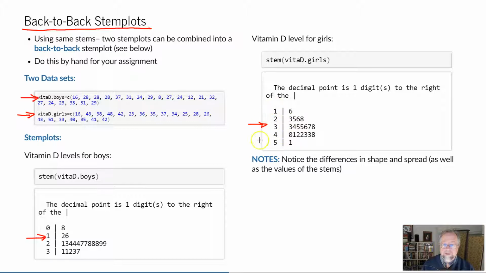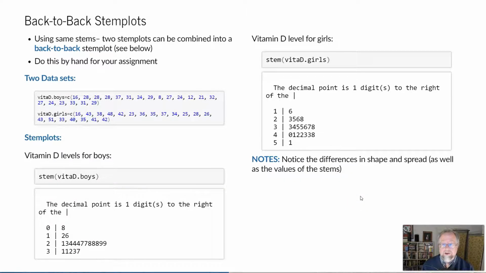The stems on the girls are higher, ranging from 1 to 5. The stems on the boys range from 0 to 3. There's a lot more concentration in the boys' vitamin D levels around the 20s, and the girls are more spread out evenly between the 30s and the 40s. So you can already see differences in the center and the spread.